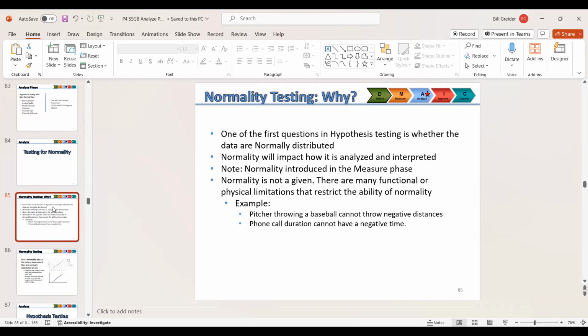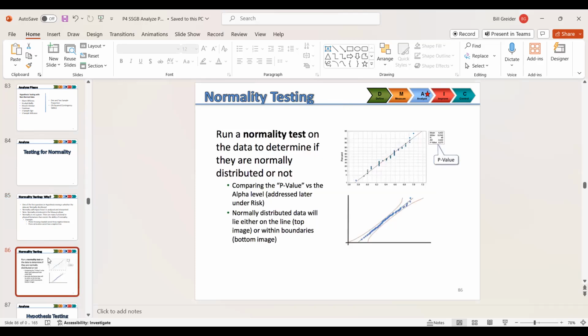An example would be if I was going to measure how fast or how far someone can throw a baseball, I can't get something to the left of the bell-shaped curve there, right? So this can't be normal, right? Phone call duration cannot have a negative time. So there's certain times that I'm not going to have normal data.